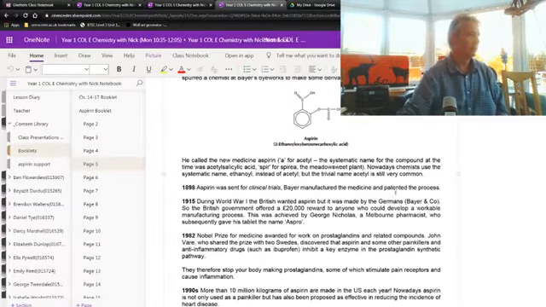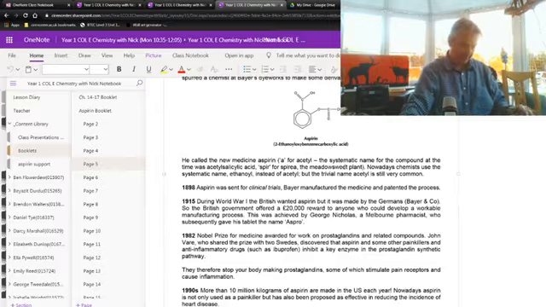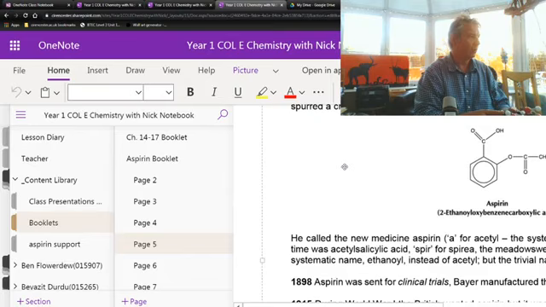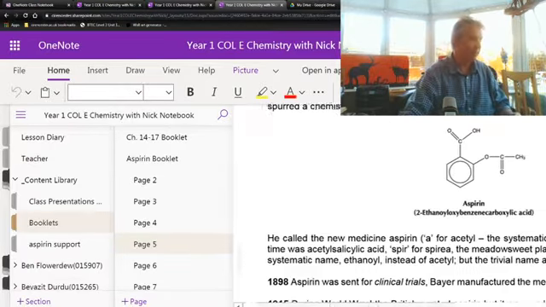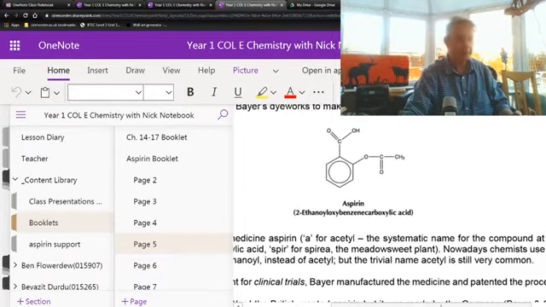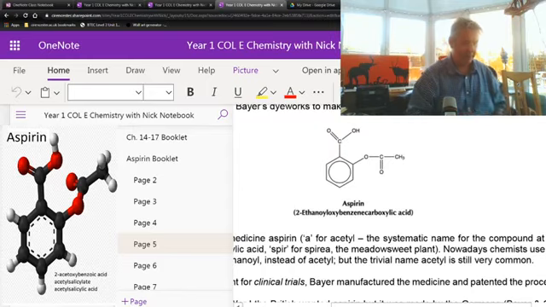There you are, so there's the aspirin there. So here is our aspirin, and that's what it's all about. There's the aspirin over there. Let's just slide it over there. There's the aspirin up here.